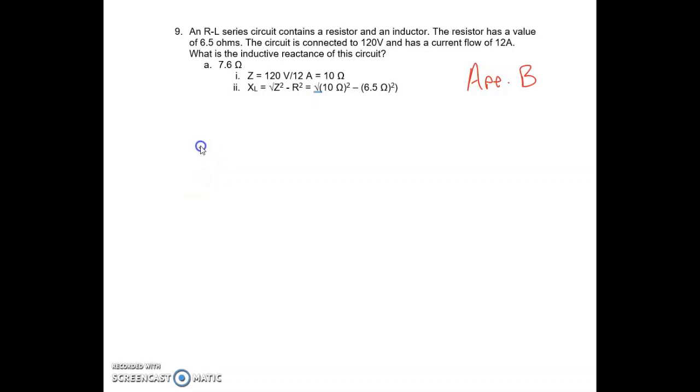So first, solving for impedance, it's the applied voltage over the circuit current, and that gives 10 ohms. Next, we solve for inductive reactance.